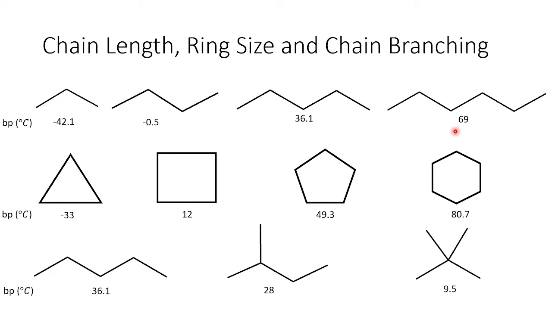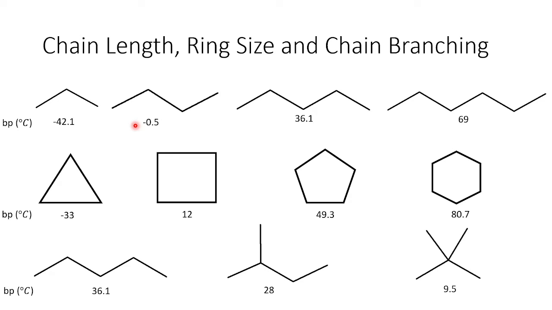ating boiling point. Okay? We started with negative 42.1. As you can see here, propane is actually always in gaseous form when in room temperature, which is 35 degrees Celsius. As you may have remembered, propane is actually a component of our LPG or liquefied petroleum gas.